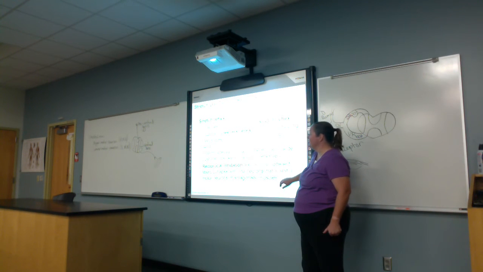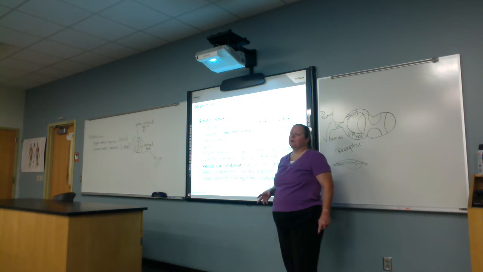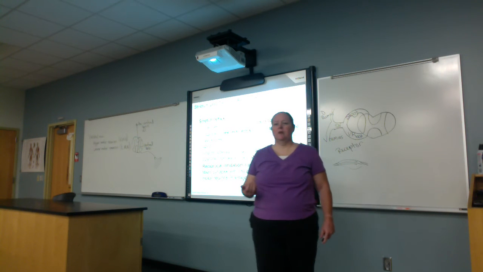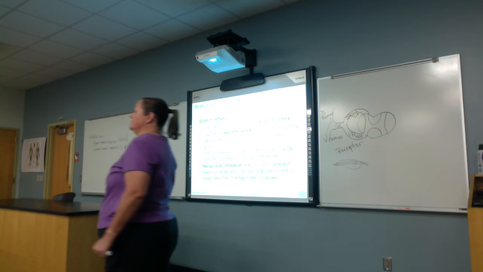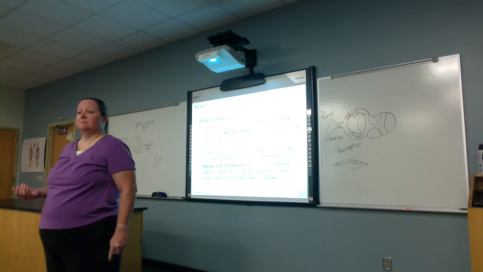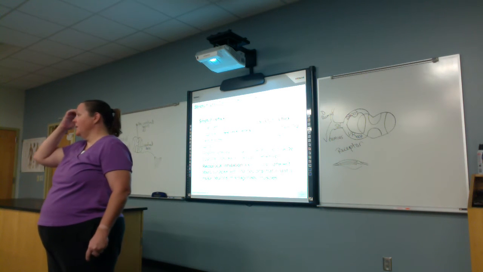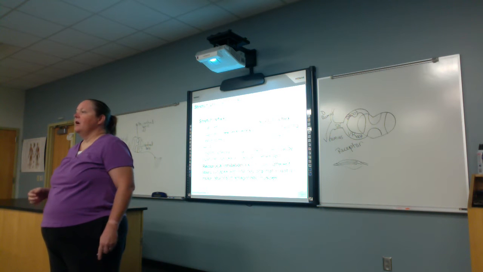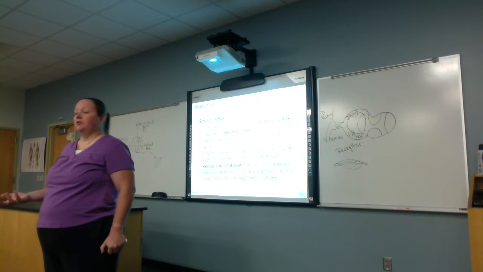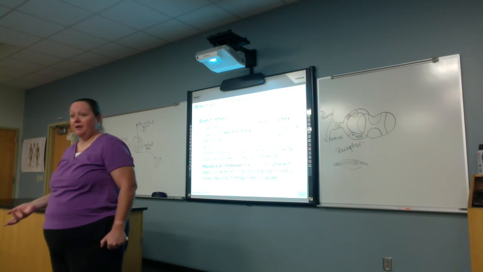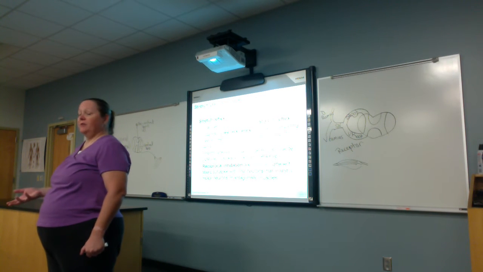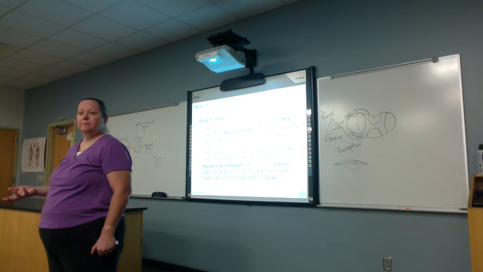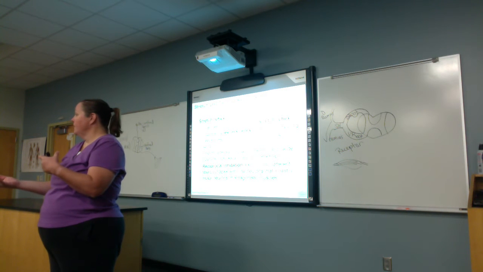All right, so reciprocal inhibition. What's inhibition? Okay, to make something not do something. All right, so when we're going to have muscles activated, what are they going to do? We activate a muscle, what happens to it? Contracts. It contracts, it gets shorter.